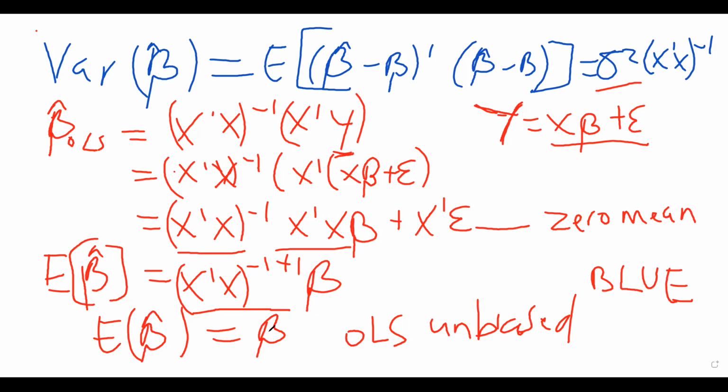We indicated the last time that the true value is not known, so we've got to estimate it. That's why we put a cap on it. So keep this in mind: the expected value of beta cap is going to be beta. Don't forget that.